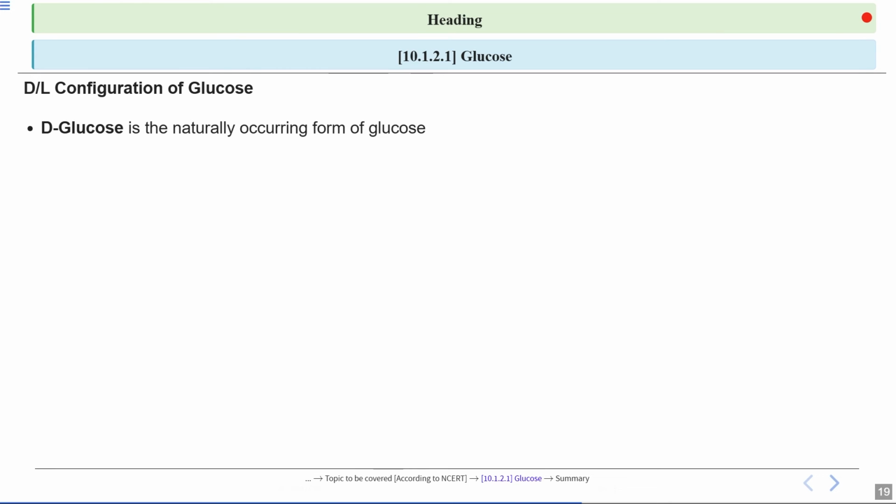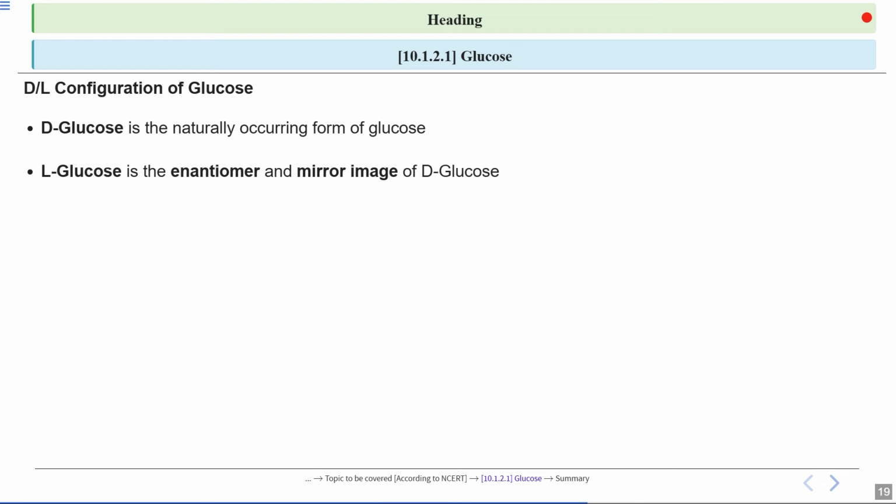Now, if we focus on D-glucose, this is the form of glucose that is most commonly found in nature and it is the one our bodies use for energy. If we look at L-glucose, this is the enantiomer, or the mirror image, of D-glucose.